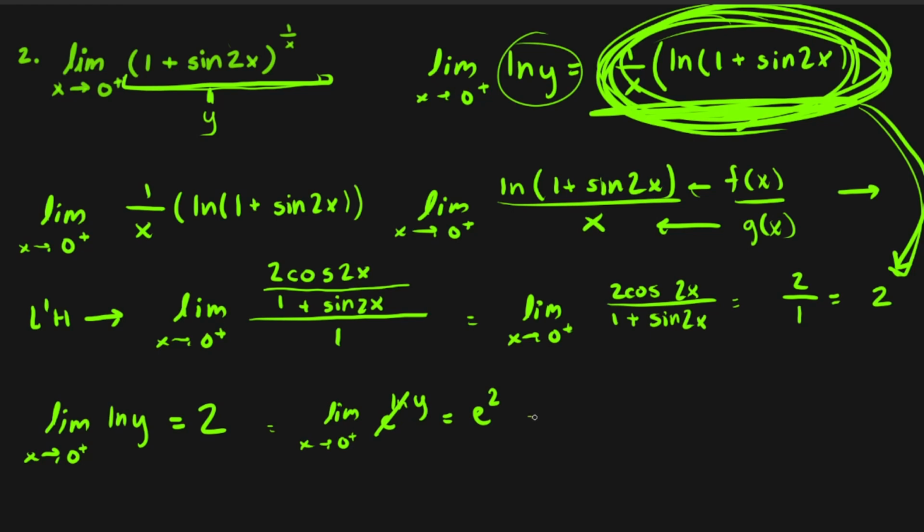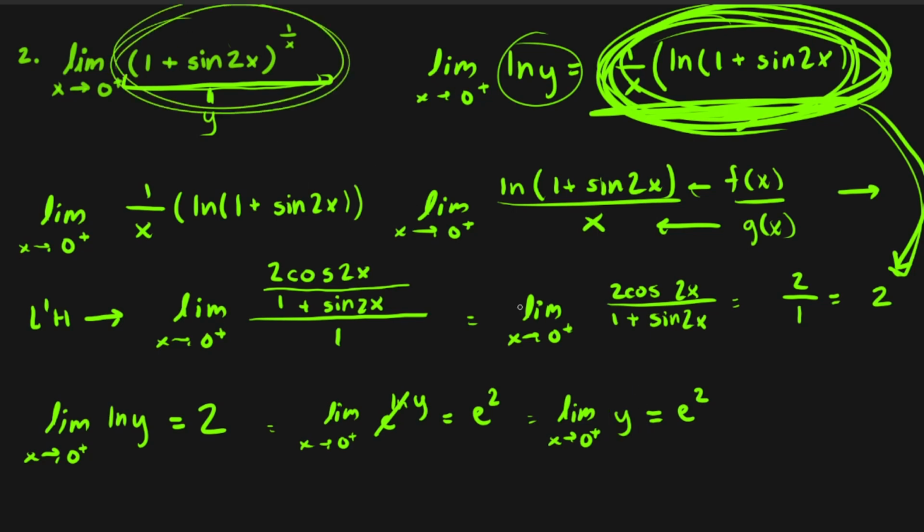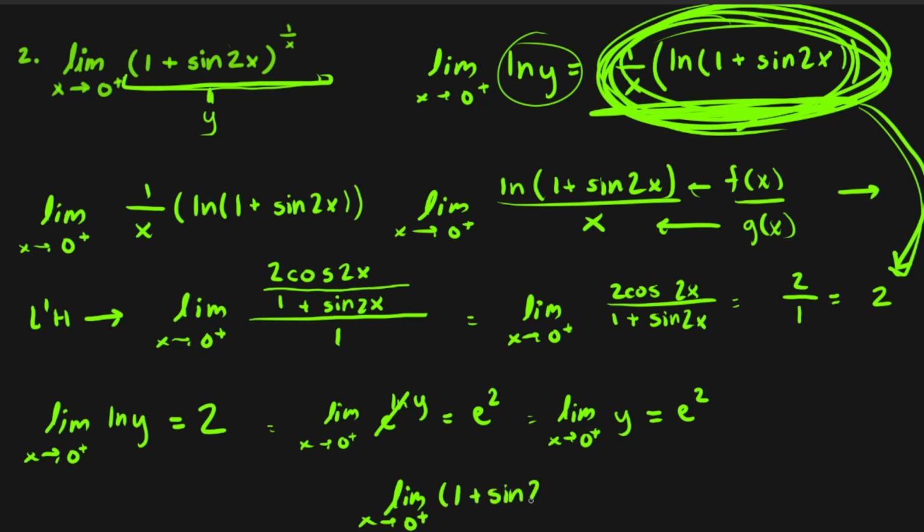This cancels out, so we're left with the limit as x approaches 0 from the right of y equals e squared. And again, y is what we have here earlier. So I can now say the limit as x approaches 0 from the right of 1 plus sine 2x all to the 1 over x power equals e squared. So this is our final answer.